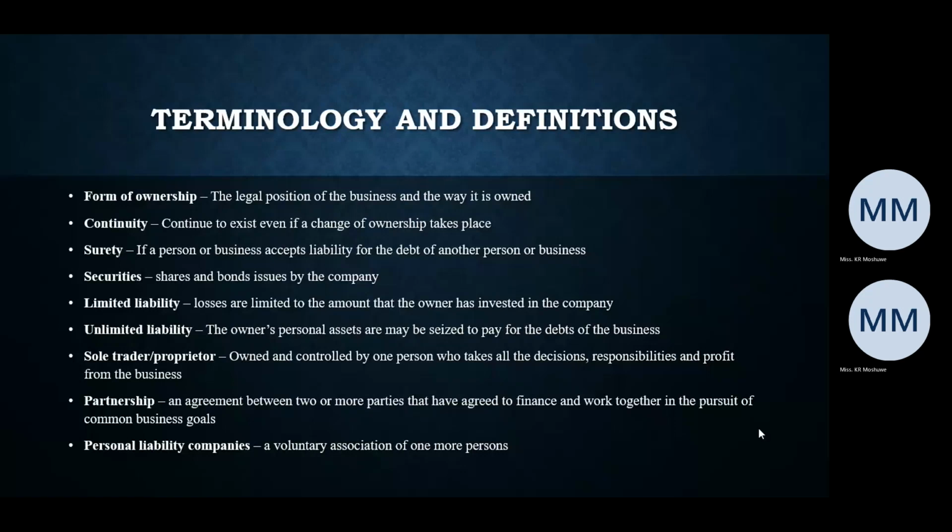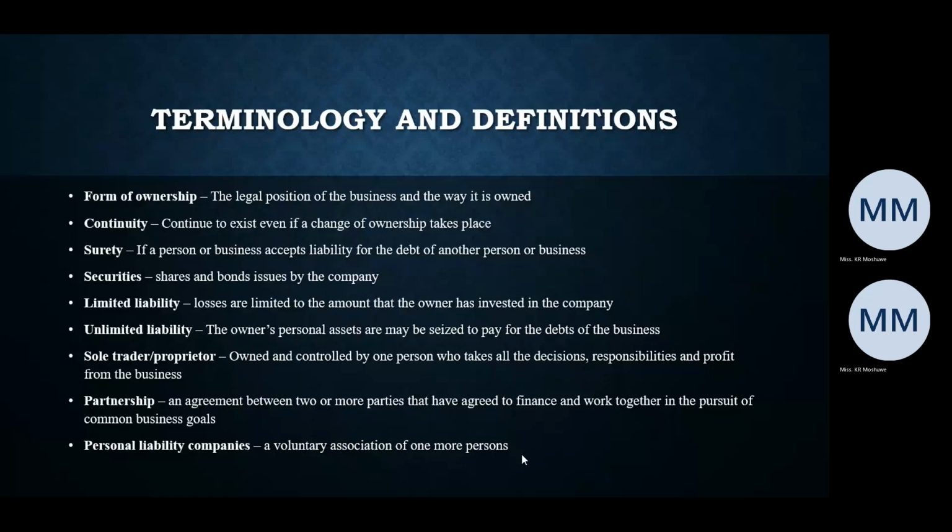And then we have personal liability companies, which is a voluntary association of one or more persons. With this one, it's almost like a sole trader, but unlike a sole trader, people volunteer to work in the company.